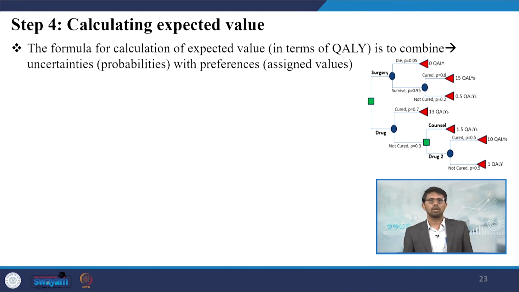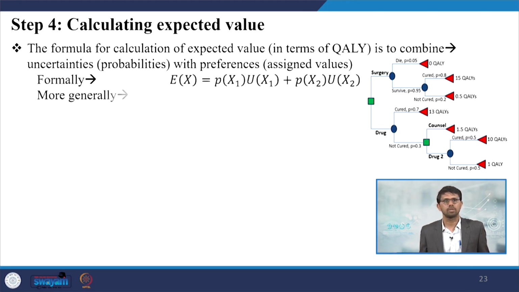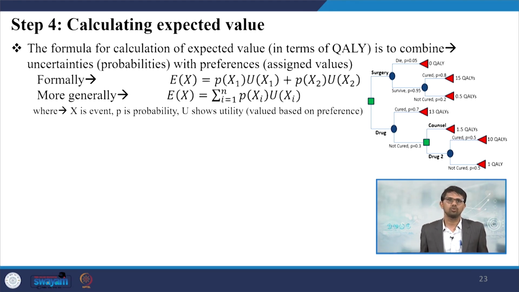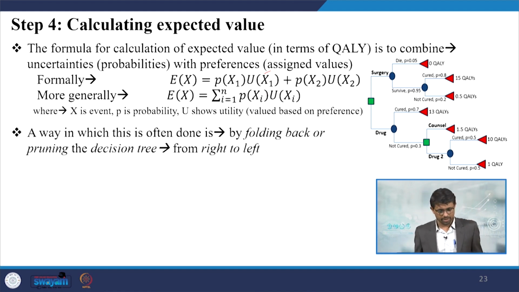The formula for expected value in terms of quality combines the uncertainties, or probabilities, with their preference, or assigned values. The expected value is P1 times its utility, plus P2 times its respective utility, and so on; in general form, the sum from 1 to n over the nth action, if taken, gives the expected value.